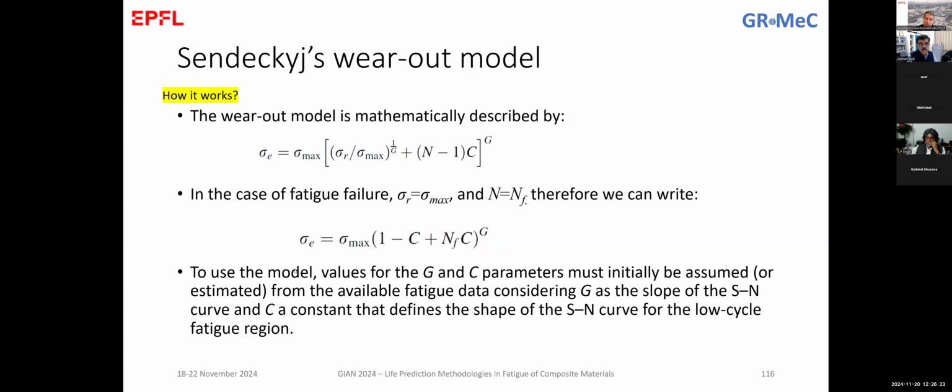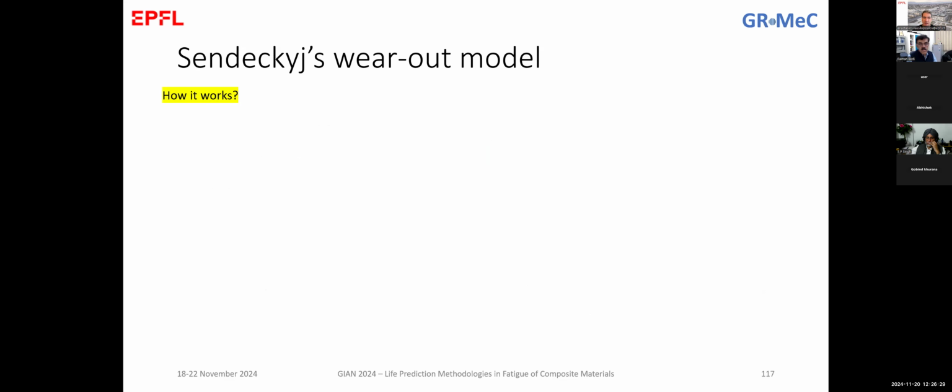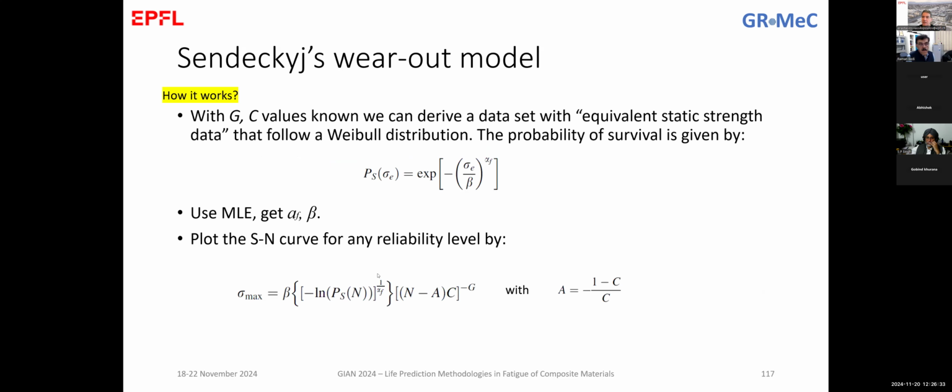So all the data, at the end of the day, form one data set which is only related to this equivalent static strength data. Then you fit again a Weibull parameter to this pooled data set, and you define the model parameters. When you have the model parameters, you can plot the SN curve by this simple equation for any reliability level.